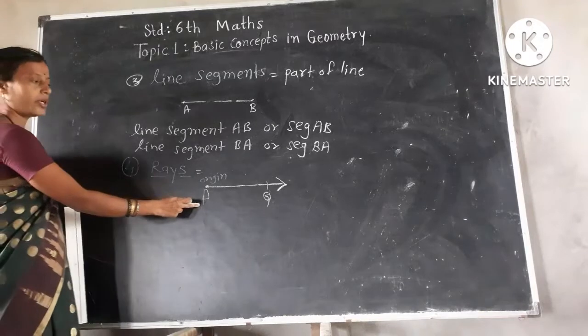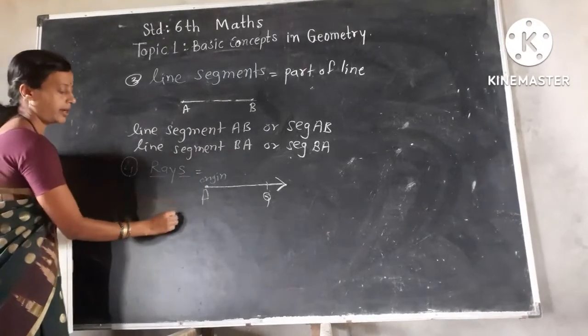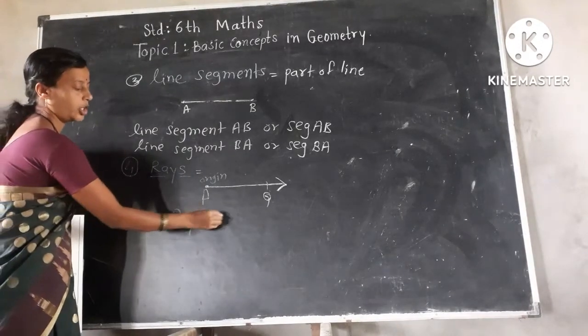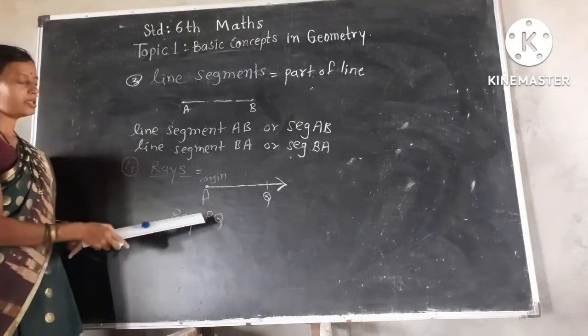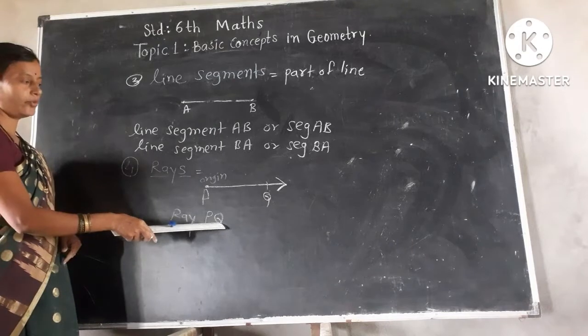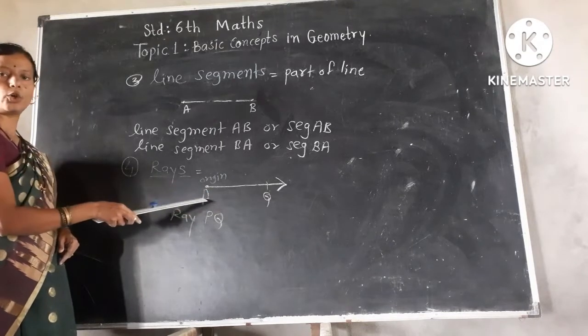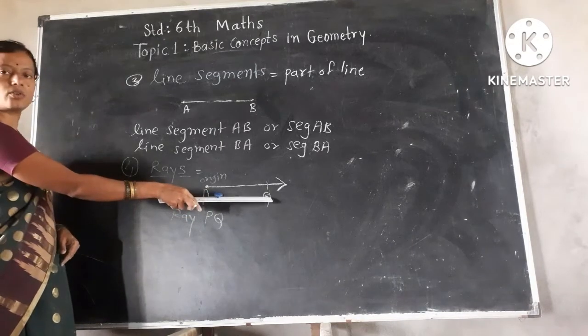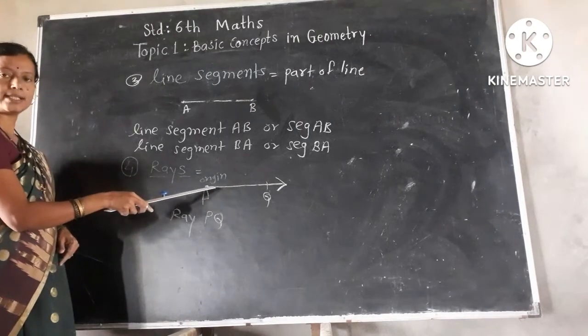How can we read it? Ray PQ. First we take the starting point of the ray. We cannot read it as ray QP because Q is not the starting point of this ray.